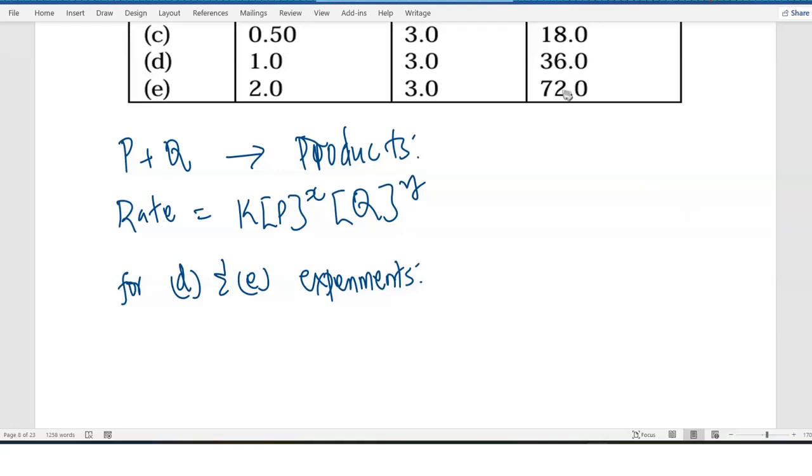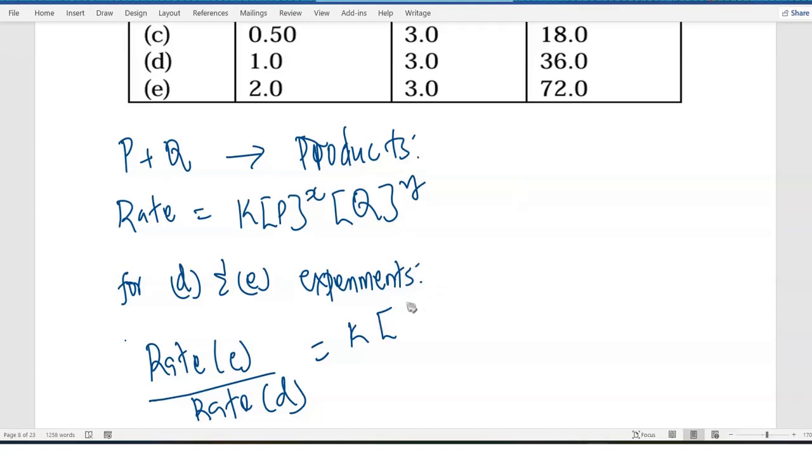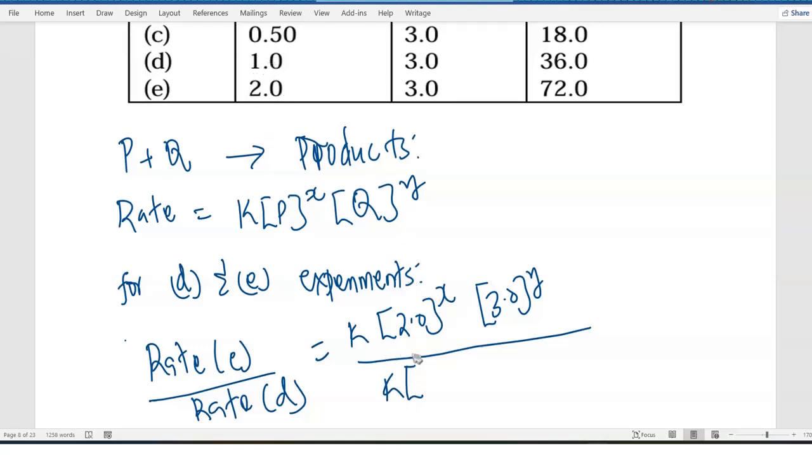We can say rate E divided by rate D. This is going to be K times the concentration of P, which is 2.0 power X, times Q, which is 3.0 power Y, divided by K times the concentration of P, which is 1.0 power X, times 3.0 power Y.